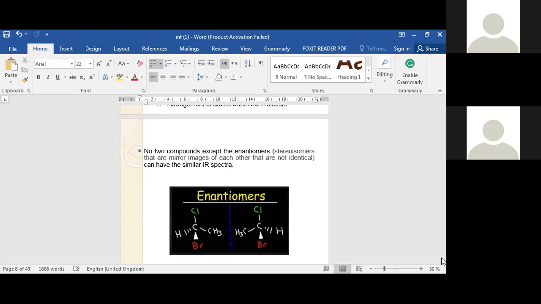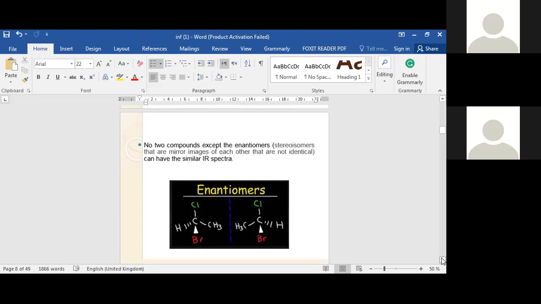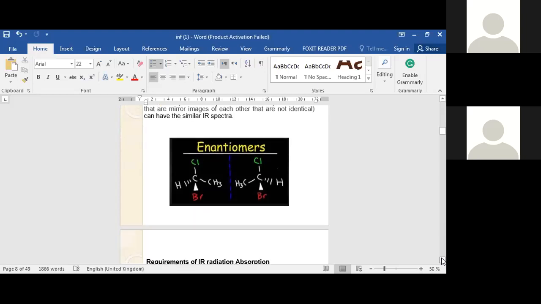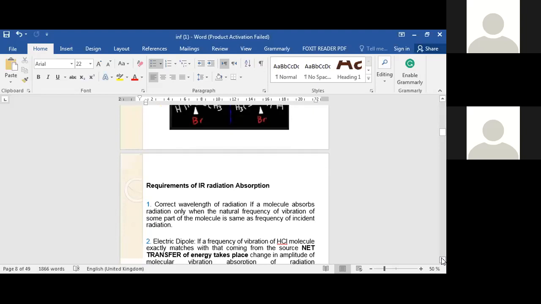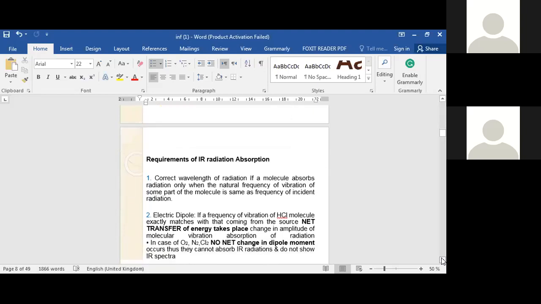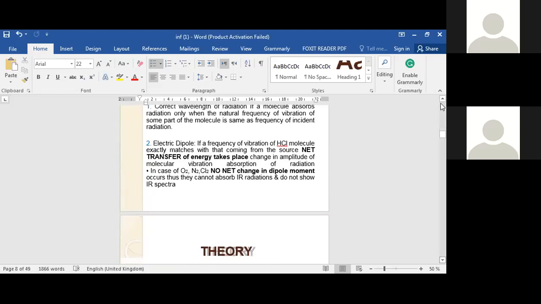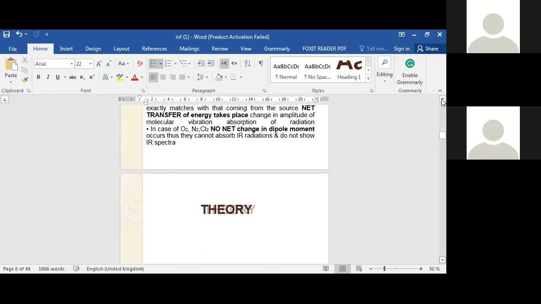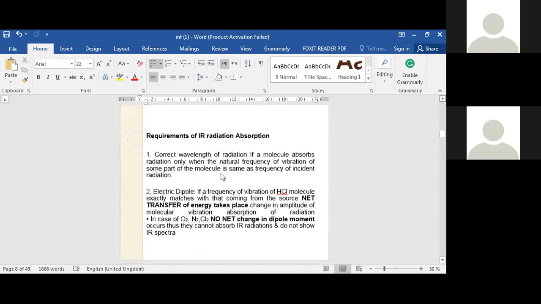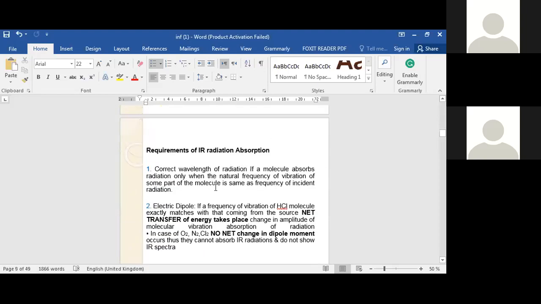So let's see the requirements of the IR technique. When we need to do the IR, we need the correct wavelength, as we discussed in the UV-visible spectroscopy technique.